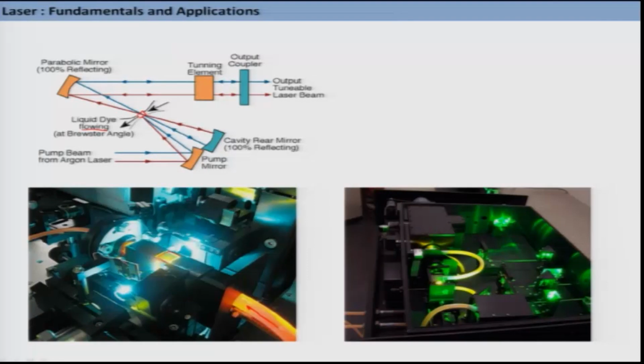This dye solution is continuously flown, and if you want much higher output, you can further amplify the output you get from this oscillator.